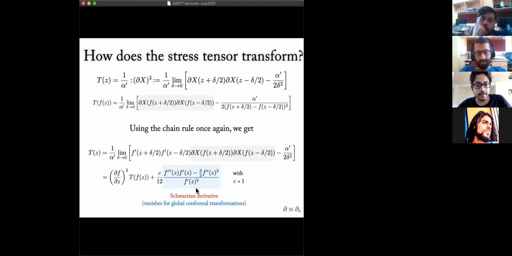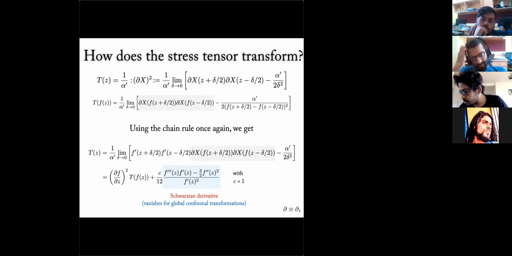One thing to notice is that if you look at the global conformal transformations, which is z goes to az plus b divided by cz plus d, this part actually vanishes under these transformations.